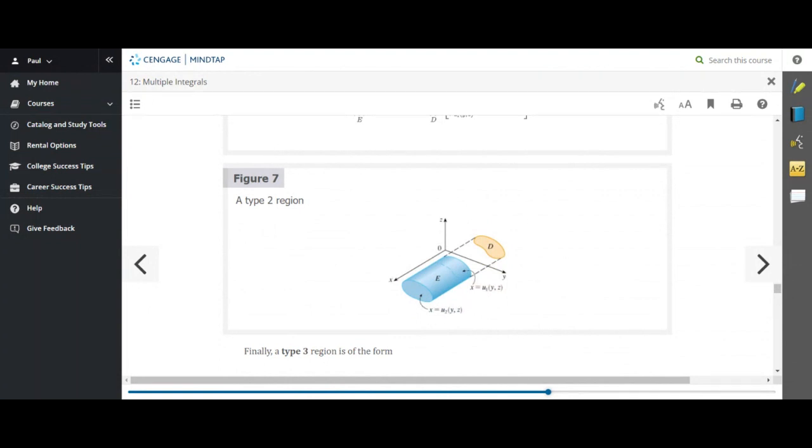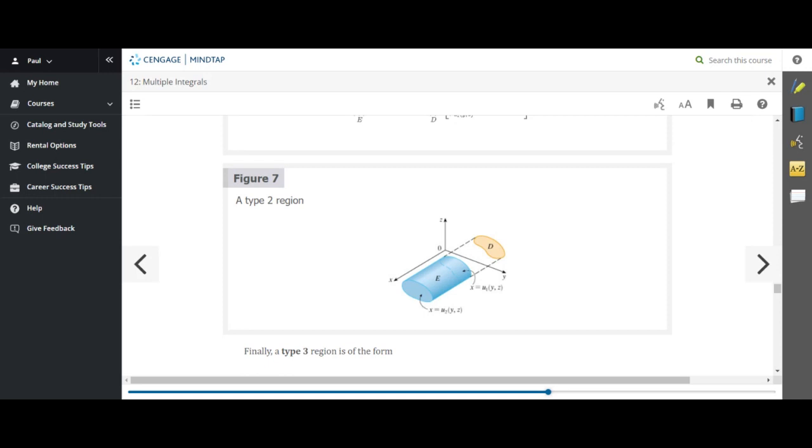So there's a solid E, and the surfaces are functions of y and z. So the solid E is bounded, I guess, in front and in back by functions of y and z. And then if you project that solid E into the yz plane, you get a region D.